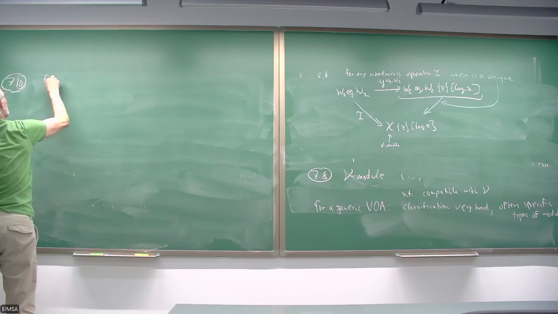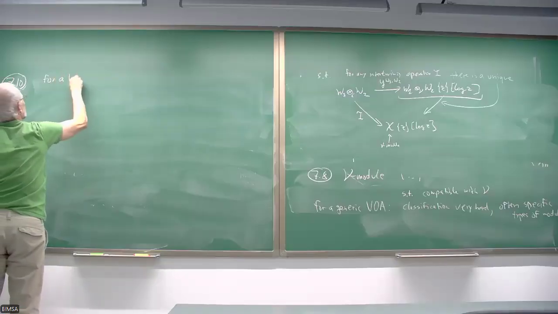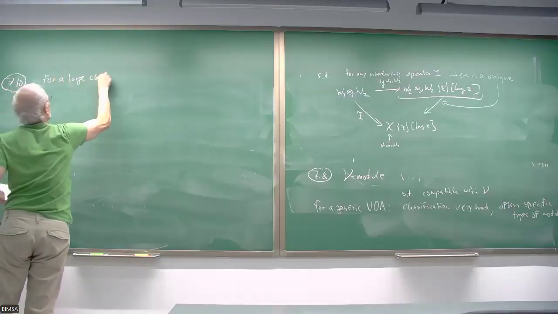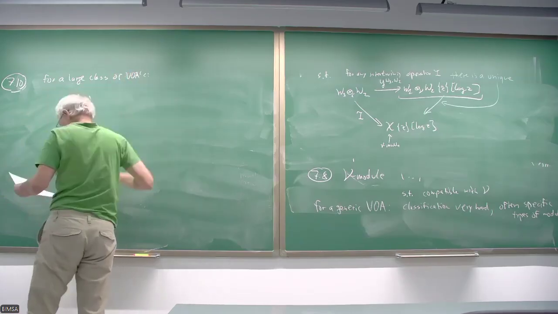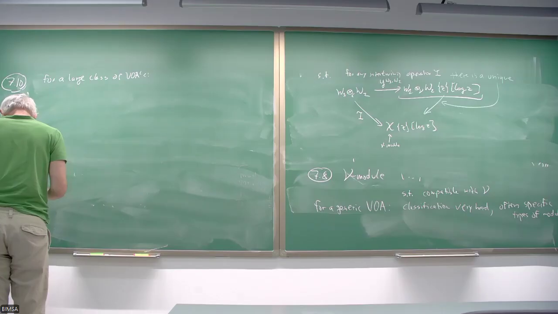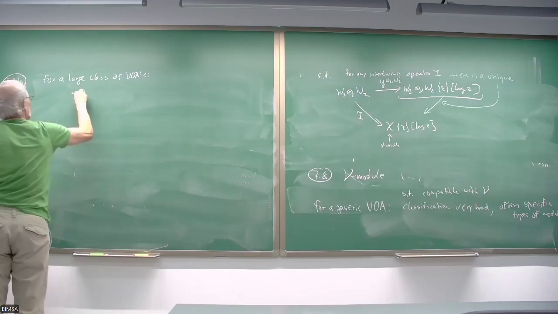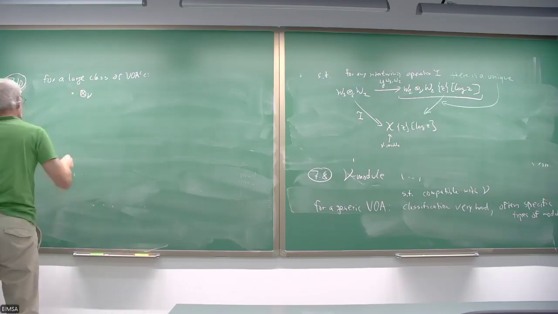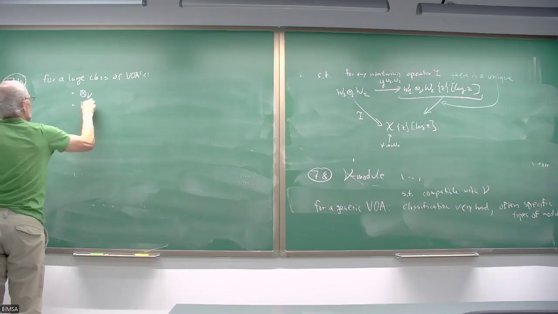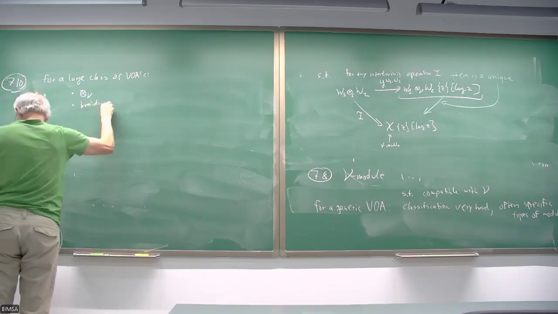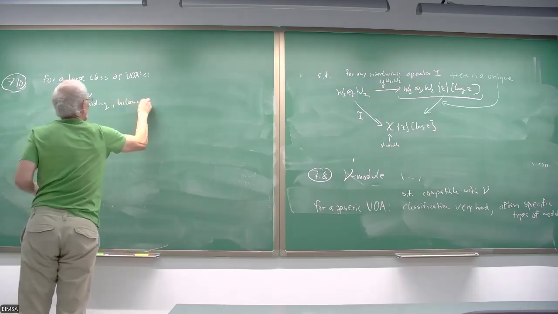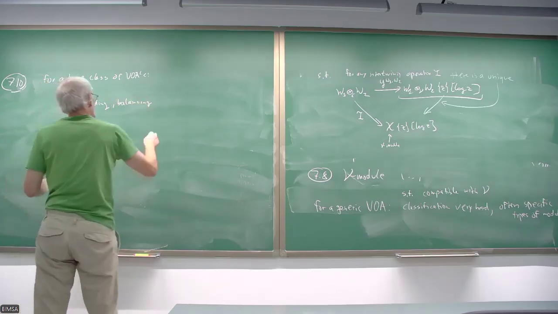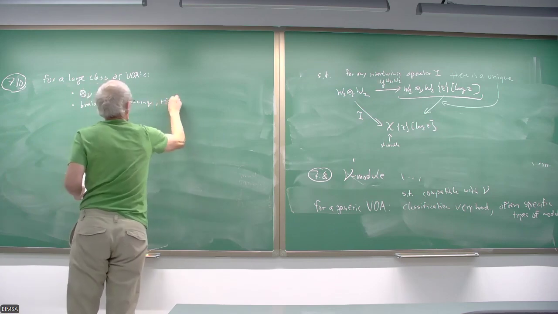So for a large class of vertex operator algebras, with some properties that I might mention later, we have such a fusion product, and in addition, a grading, a balancing, and also a rigid structure.